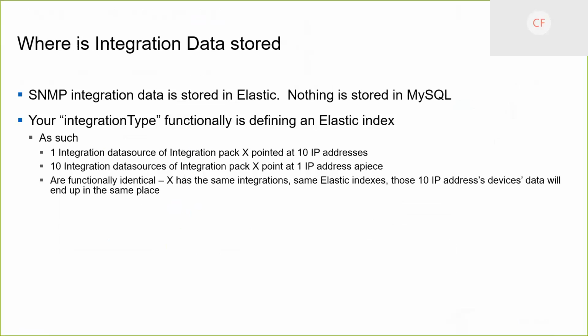And when you define your integration type, all you're doing is defining an index in Elastic that refers to the data that's collected. And the interesting thing, going back to what I said earlier, is you can have one data source pointed at 10 addresses. You can have 10 integration sources pointed at one IP address. So it all comes down to basically one big long list of indexes in Elastic that you can pull up and reference the data from.